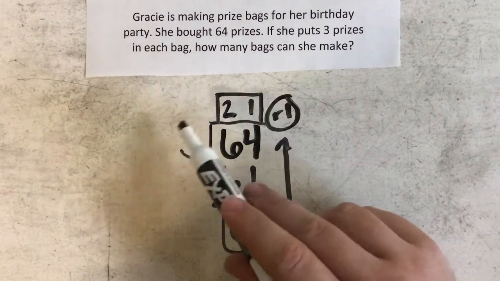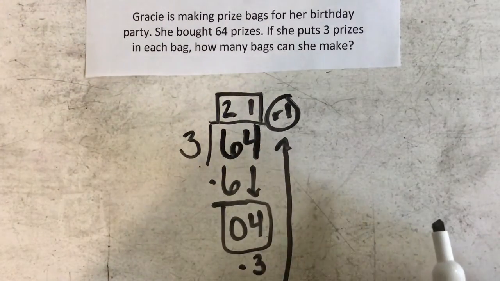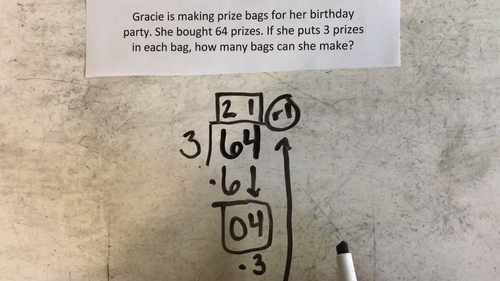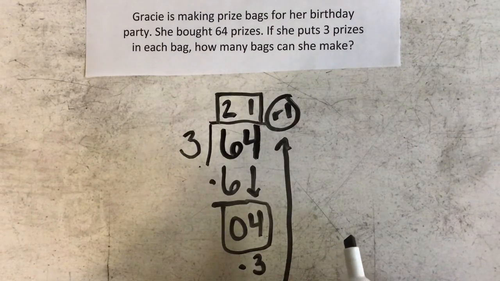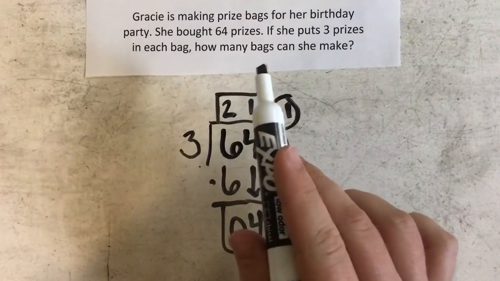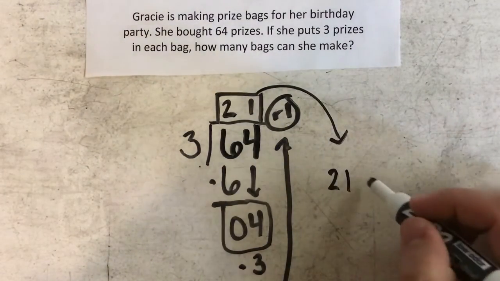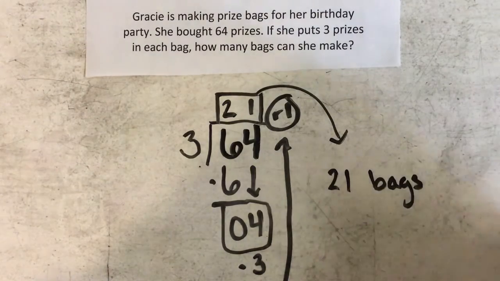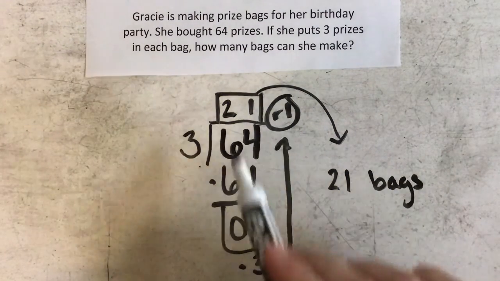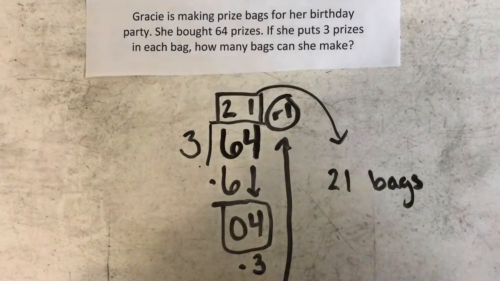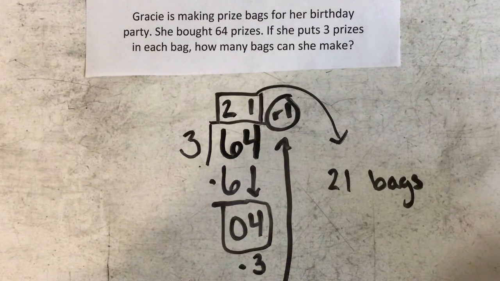Well, 1 prize isn't enough to make another prize bag because she's putting 3 prizes in each prize bag. So the answer to the question, how many bags can she make, would only be 21 bags. Because that leftover 1 isn't enough to make a 22nd bag or another additional bag.